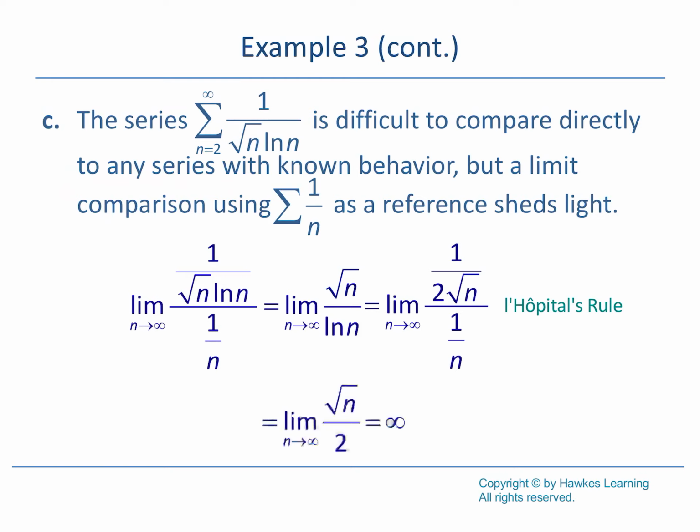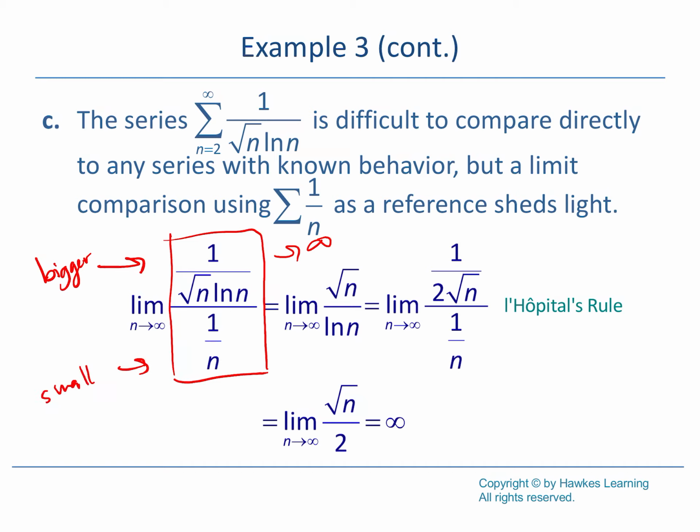So how do we interpret that? That means, okay, the ratio of these two things eventually tended towards infinity, after doing L'Hopital's rule and all that stuff, which means that the top series is bigger than the bottom. Now, the harmonic series is not small. We know that that diverges. And since the top part is bigger, that one diverges as well.